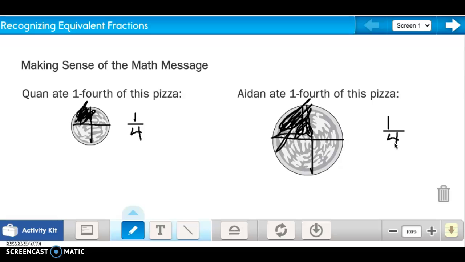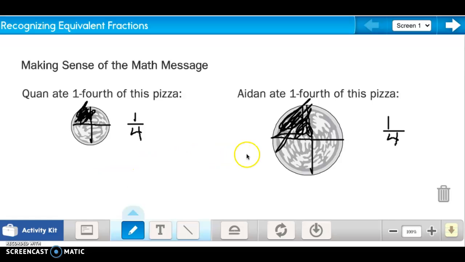I want you to think about it. Look at the pizzas. Now, do you think they ate the same amount or not? What do you think? Well, if you think about it, it is true that this is 1/4, and it is true that this is 1/4. However, do you notice the size of the pizza? The size of the pizza is different.